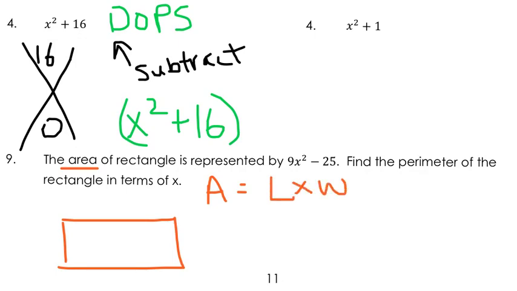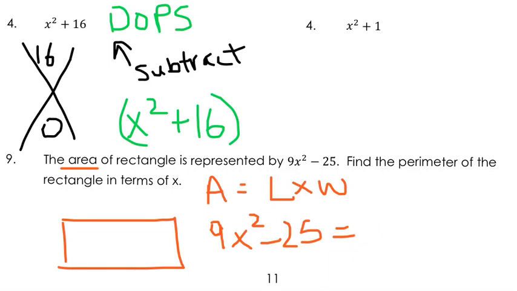So they gave me my area, they gave me that the area of this was 9x squared minus 25. If I wanted to set that equal to my length times width, that would really just be breaking up my area into its factors.